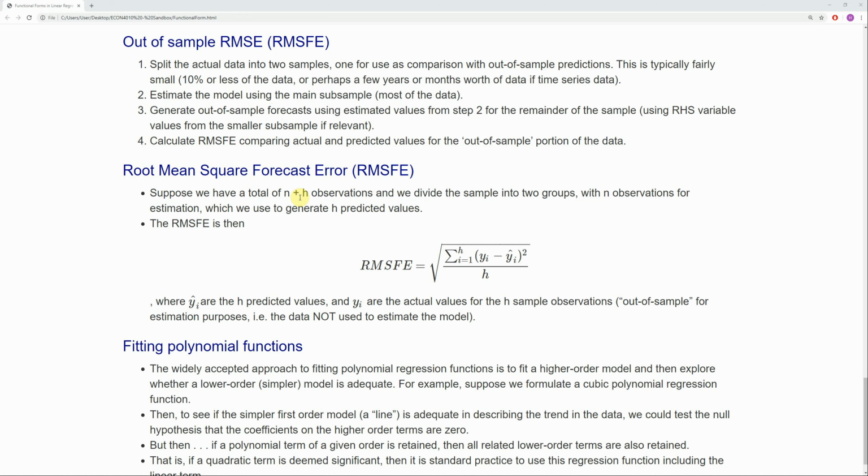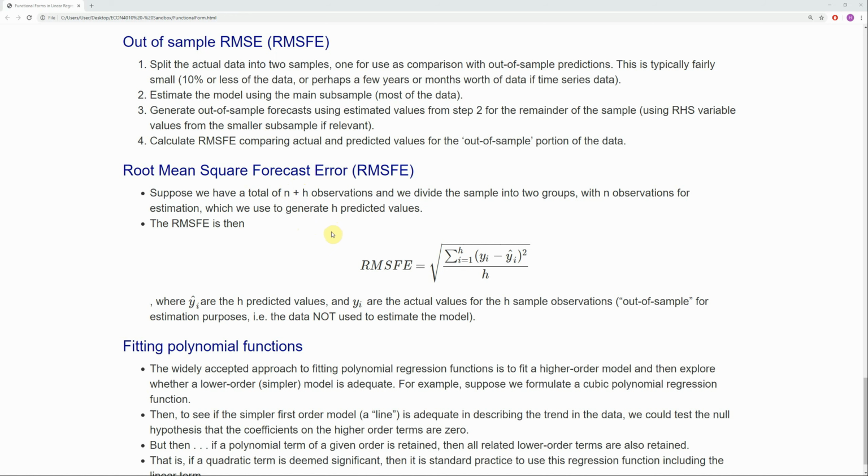Anyways, imagine that you have a total of n plus h observations. You can use the first n observations in your training part and then use the final h observations for your prediction part.